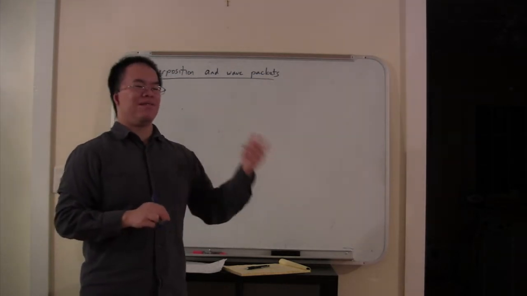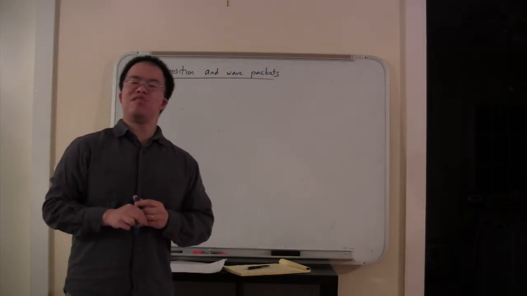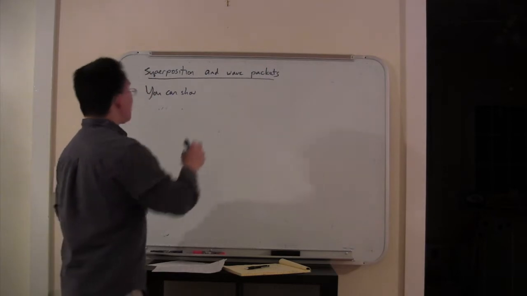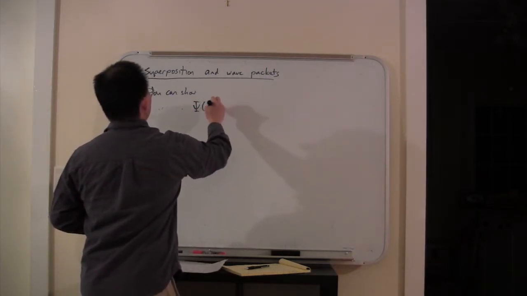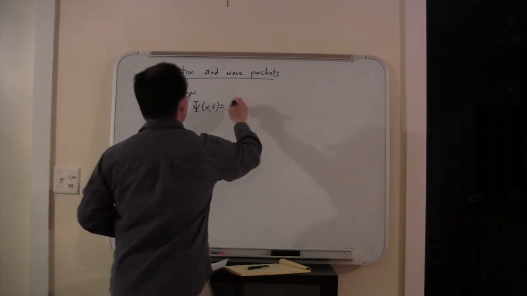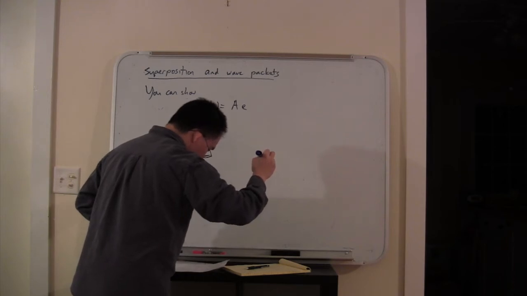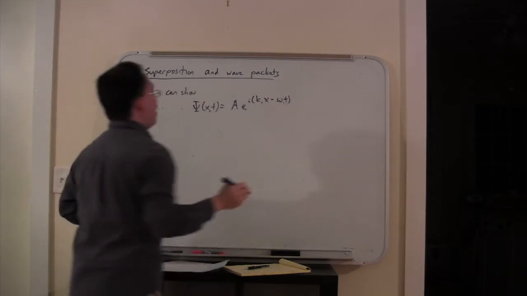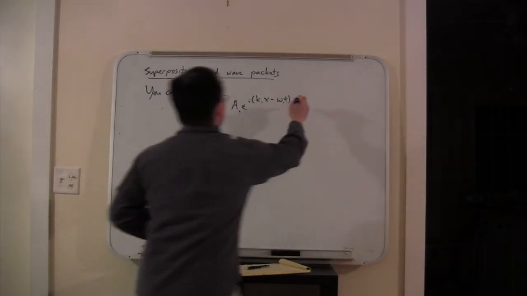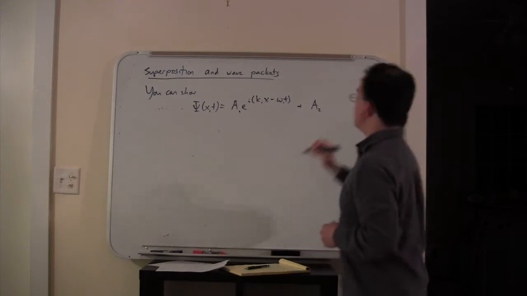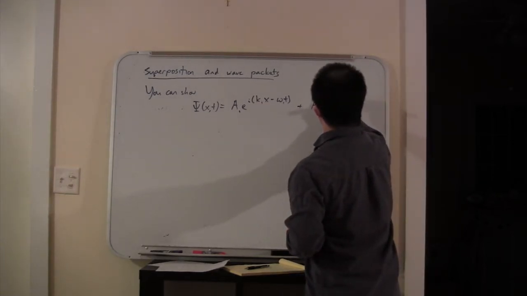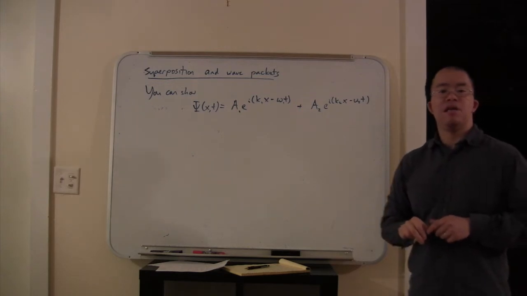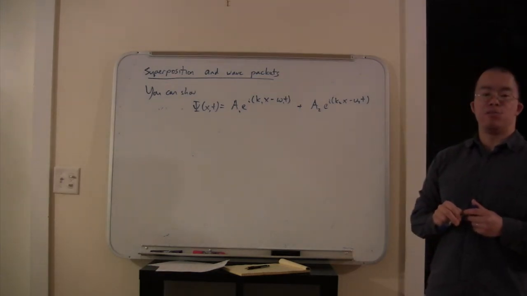I'm not going to go through the proof of this, but you can show that psi of x, t equals a1 e to the i (k1 x minus omega 1 t) plus a2 e to the i (k2 x minus omega 2 t) is also a solution to the free particle Schrödinger equation.